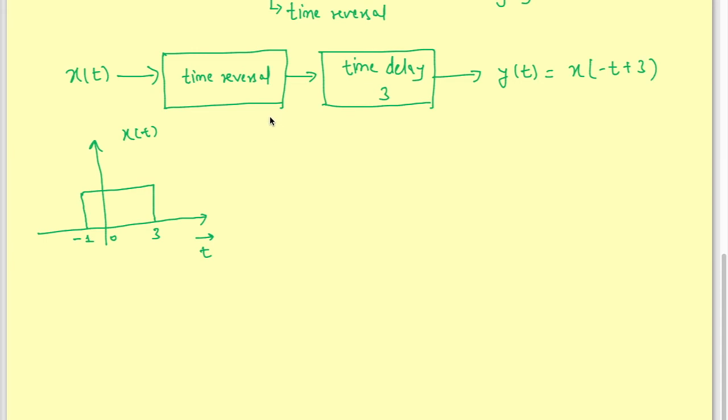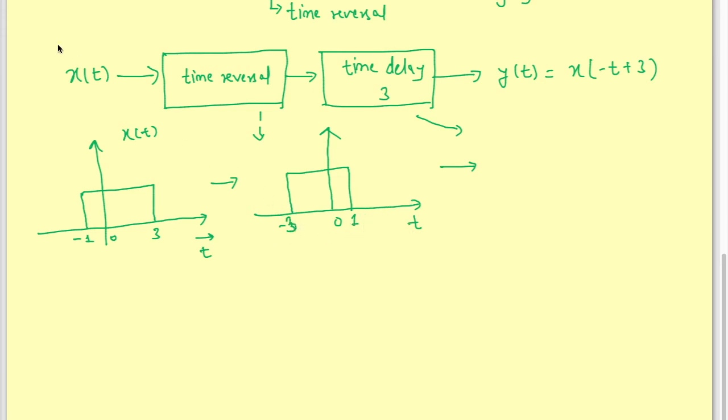Now I will do time reversal here. When I apply time reversal, it will look something like this, from minus 3 to 1, and this is 0. Now I will apply time delay here. Time delay by 3 means we need to add 3 units to these points, that is minus 3 and 1.